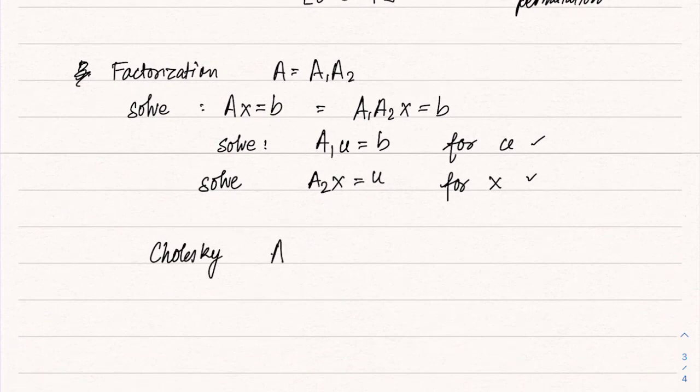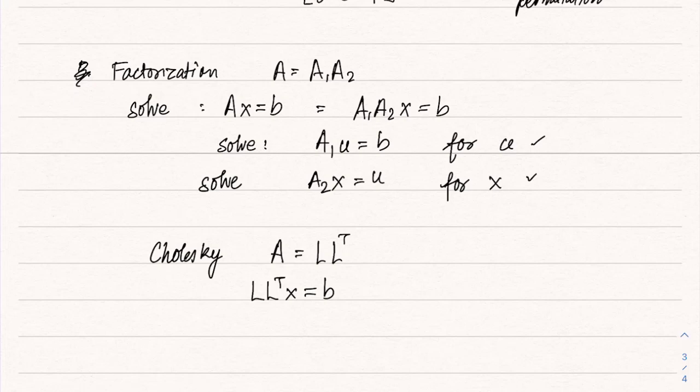If you remember, Cholesky factorization was A equal to L L transpose. Suppose you know the Cholesky factorization, then you need to solve L L transpose X equal to B. First you can solve L times (L transpose X) equal to B for L transpose X, which would require how many flops?